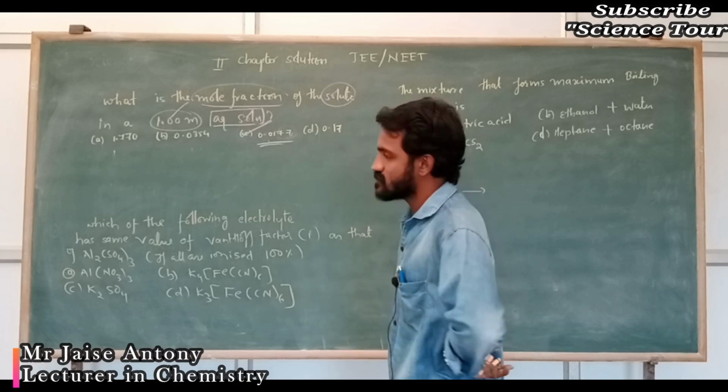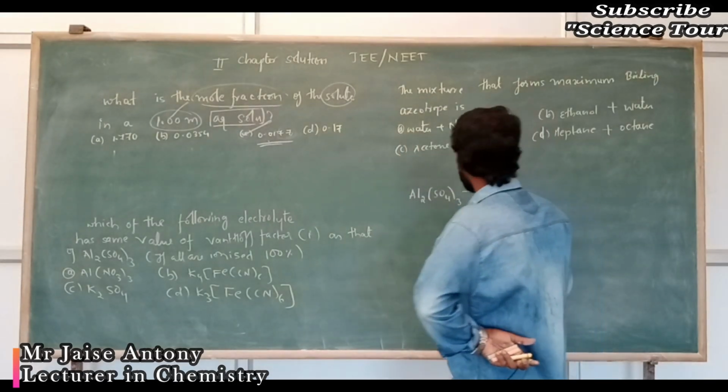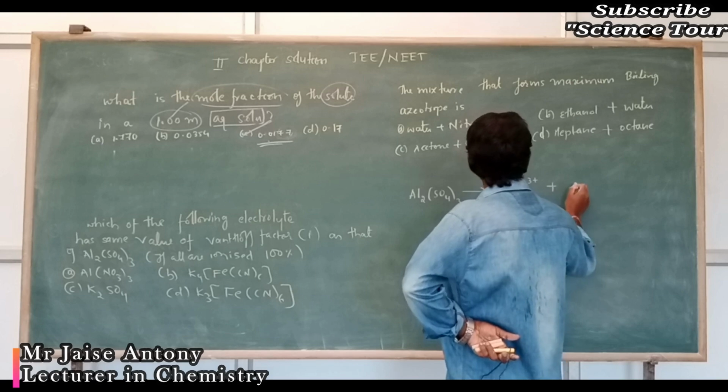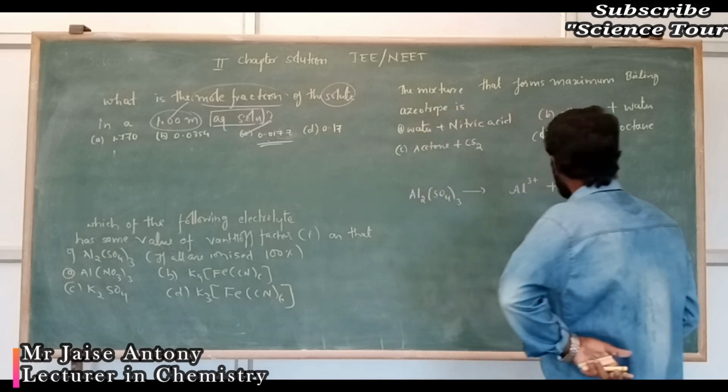Aluminum sulfate gives Al3+ and sulfate SO4 2-.